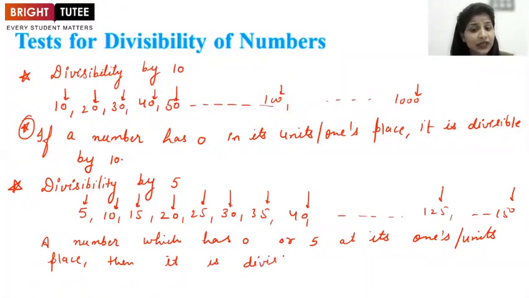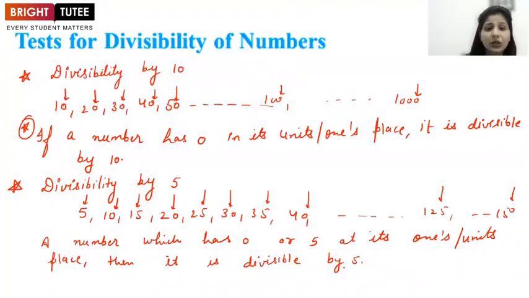Quite easy to understand. So what is the divisibility rule of 5, students? We just have to see if the units digit is 0 or 5, then it is going to be divisible by 5. Can we say all the numbers which are divisible by 10 are also divisible by 5?